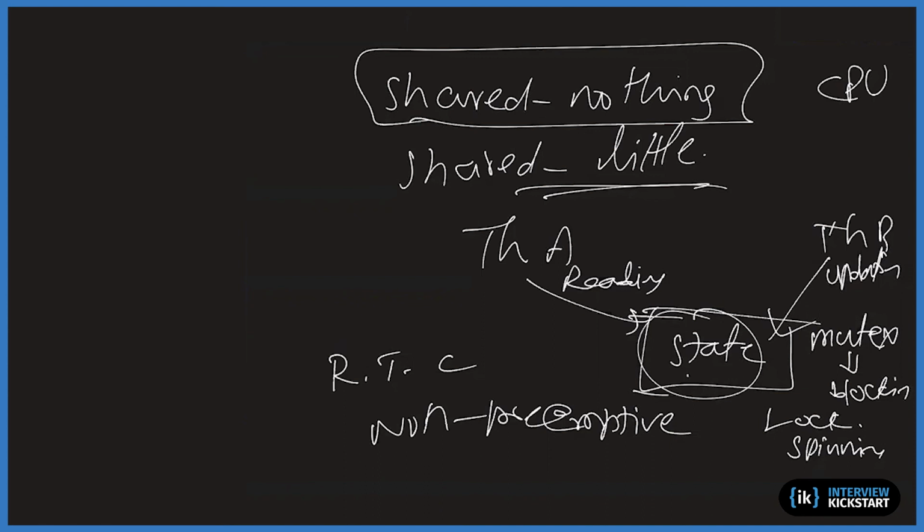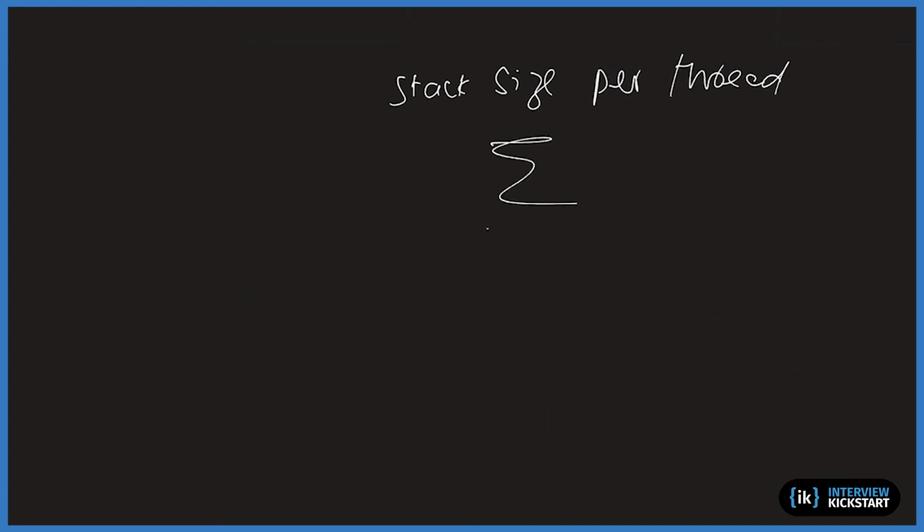Now, thread stack is also a limited shared resource because you have to configure a stack size for each thread. Now, how do you size that? And then your overall stack usage is a sigma of all the threads and their thread stack sizes.